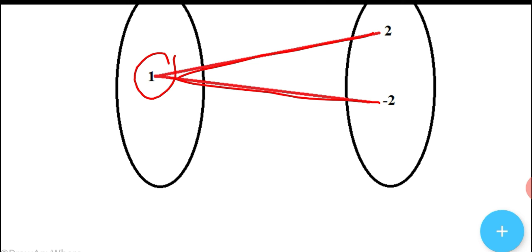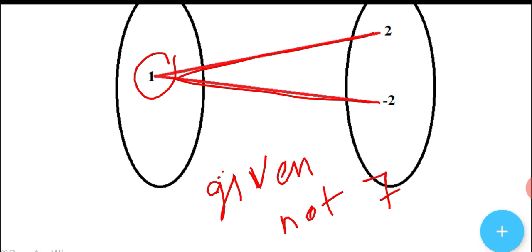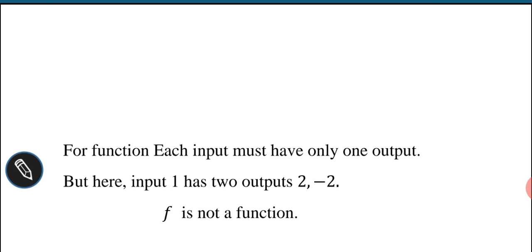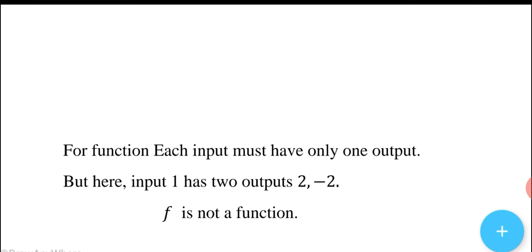So as per the concept of relations and functions, the given relation is not a function, since 1 in the input has two outputs, which are 2 comma minus 2. So f is not a function.